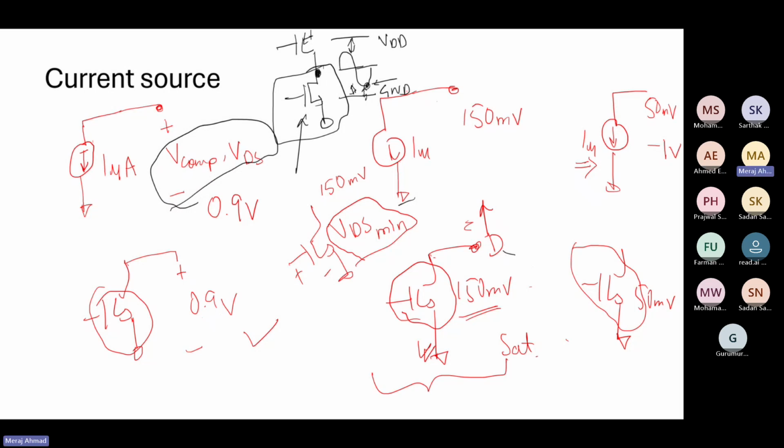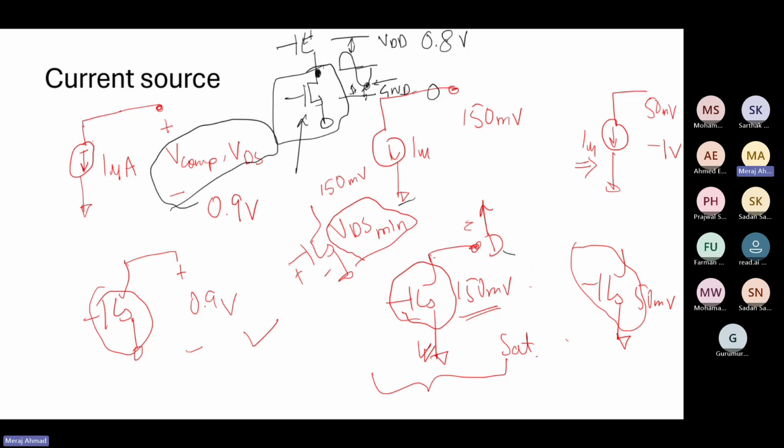In any op-amp design or any circuit, you should make sure what is the minimum VDS you can tolerate. If you have a 1.8 volt supply, your VDD is high, so you can easily keep 150, 200. But if it is a low supply, then you need to think. Suppose this VDD is 0.8 volt, with some 22 nanometer technology.